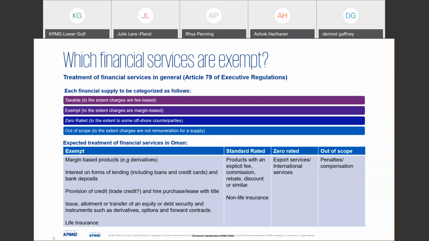So what I thought I might do is preempt some of the questions that we expect to come through the chat box by looking at some specific examples of where we think we will fall either side of the exempt or standard rated line. We'll start with the easy ones and they'll get progressively more challenging.